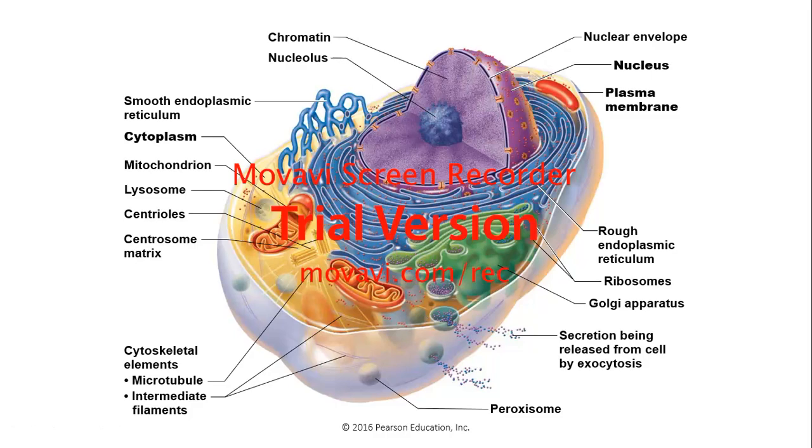The vesicle is going to fuse with the plasma membrane and release the proteins outside of the cell. Okay, exocytosis. All right, so that should let you understand what the smooth and the rough ER are for, and the Golgi apparatus. So that took up a big chunk of what's going on within the cell.